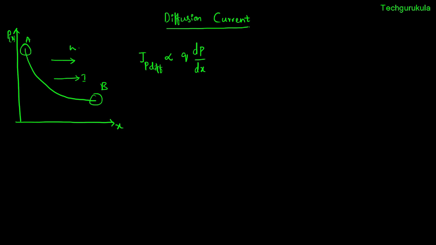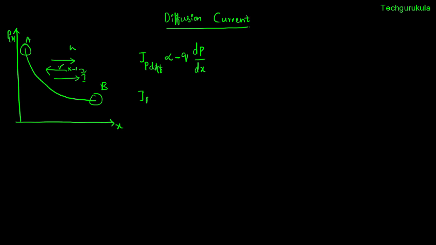But now, the dp/dx, the differentiation of hole concentration, would be negative. But in fact, the current is actually in the opposite direction to that of the value of dp/dx. So in order to correct this, we will multiply this with a minus sign. So that's why Jp diffusion is directly proportional to minus q times dp/dx.